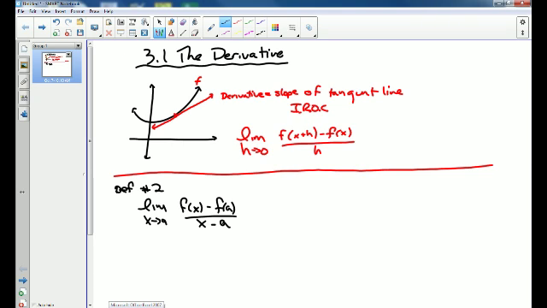What's happening though? x is approaching a, going to 0, going to 0, right? So basically we're closing this gap of the slope of a secant line to 0, and it makes that tangent line. So it's the same concept as this definition here, it's just a different way to write it.